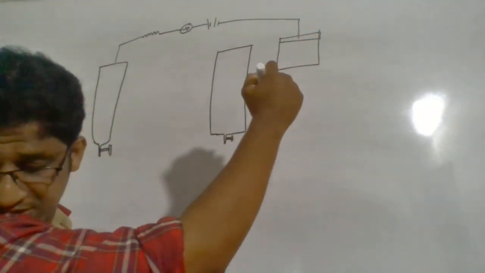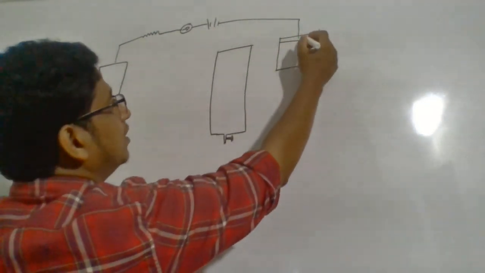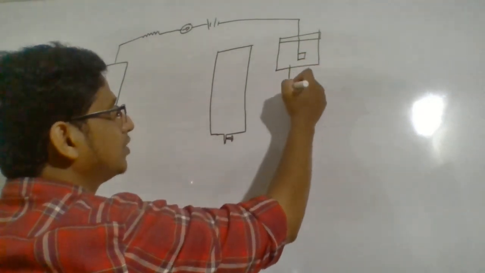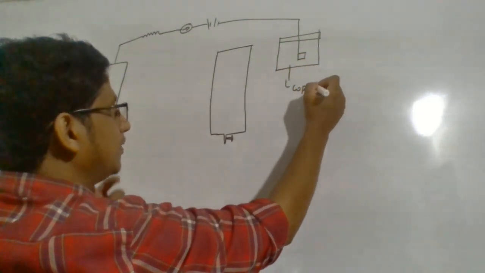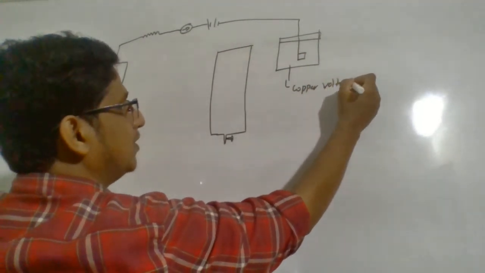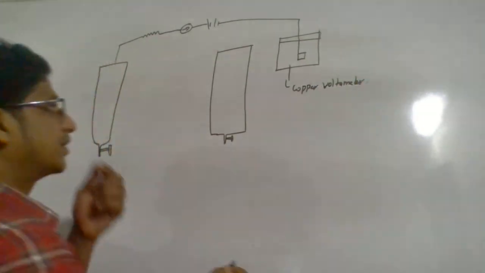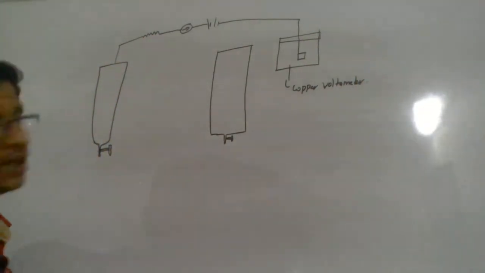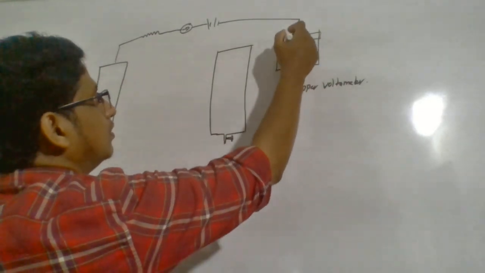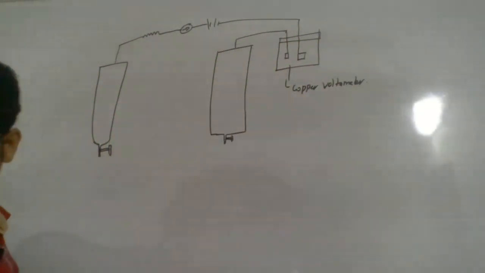So here you can see an electrode will be there, a copper one, which we call the copper voltameter. You will understand the significance of the copper voltameter. And that's connected to the negative terminal as well.